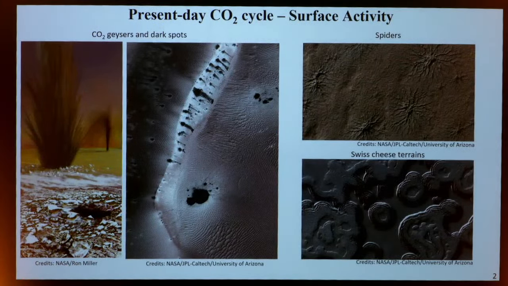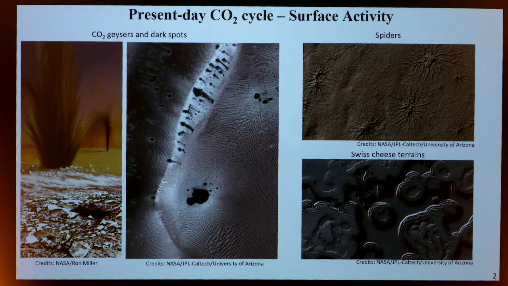The condensation and sublimation also has impact on the surface, with, for instance, the formation of carbonic geysers during the sublimation of slab CO2 ice, potentially forming dark spots. Also some intriguing features at the surface, like spiders, and you also have the pretty active CO2 glaciers at the South Pole with the Swiss cheese terrains, sometimes condensing, disappearing, and so on.